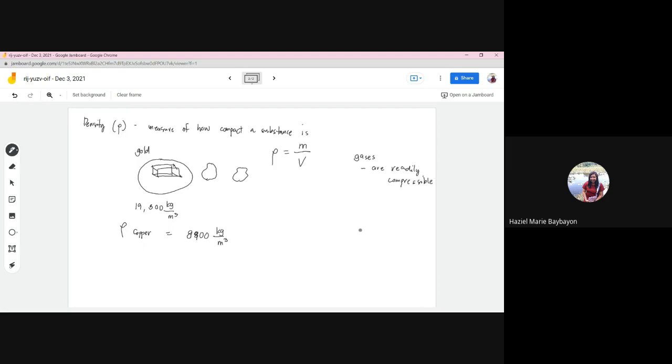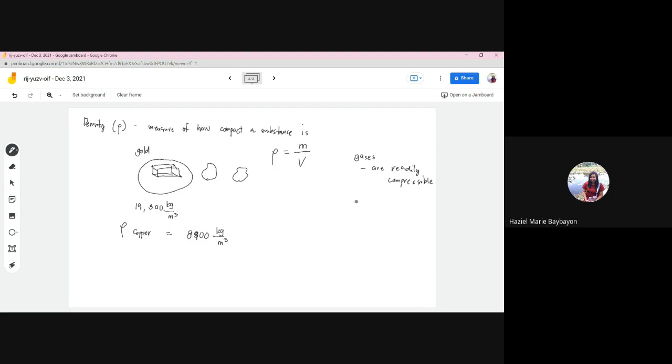For example, if you change the temperature of gases from a lower temperature to a higher temperature, then the molecules of the gas will move farther from each other, thus increasing its volume, but the mass stays the same.